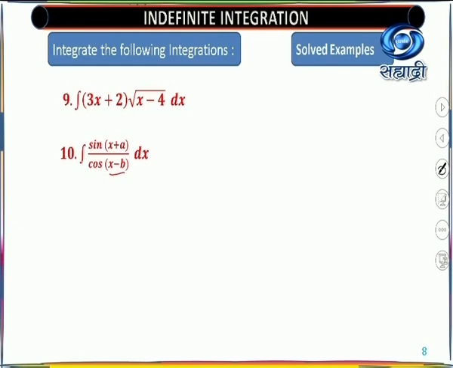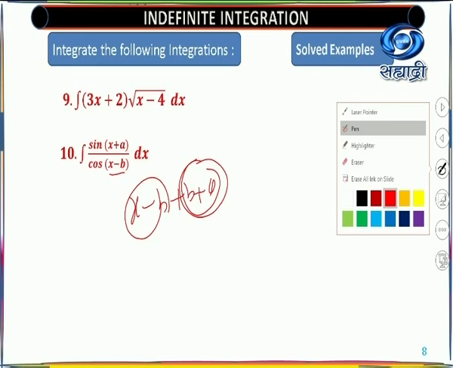So if you are able to adjust the angle, like x minus b plus a, it becomes a similar angle to the denominator, and this will be the constant. The constant will be okay with everything. So this gives you the constant angle, and the expansion gives you a particular value. So this is all about the 10th question.